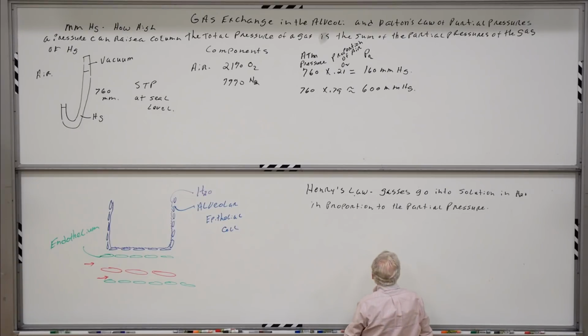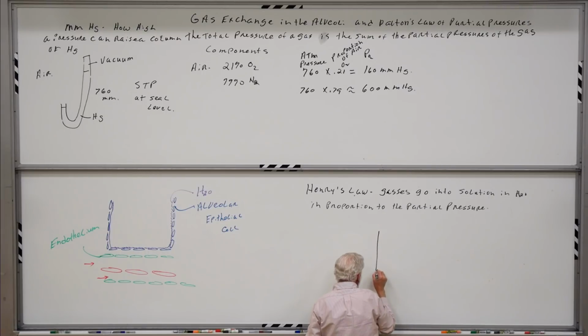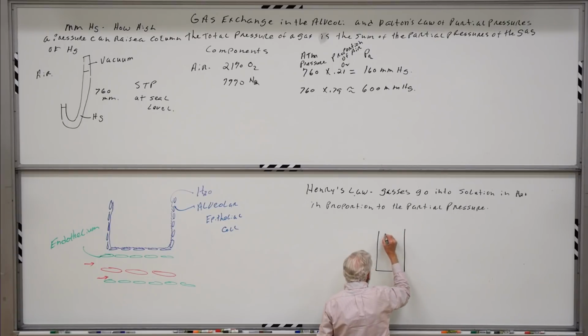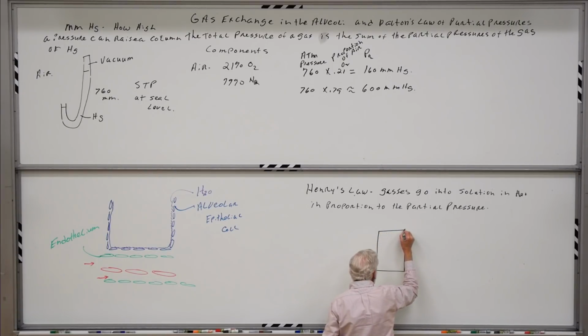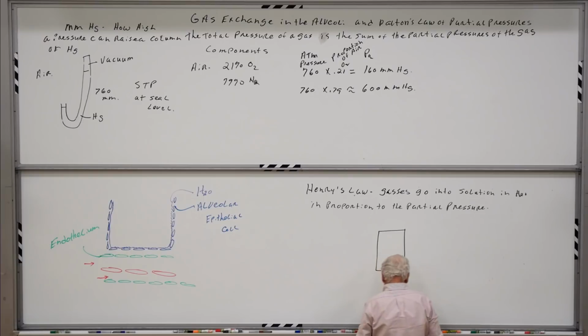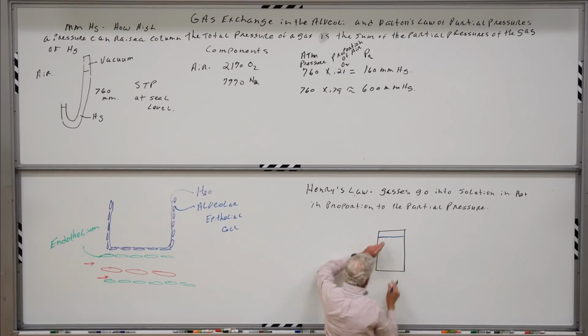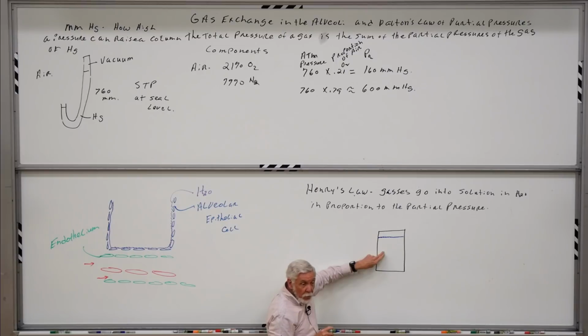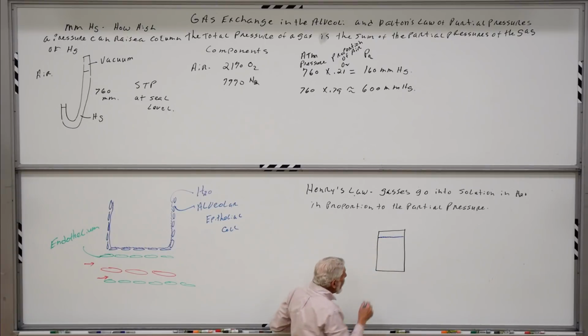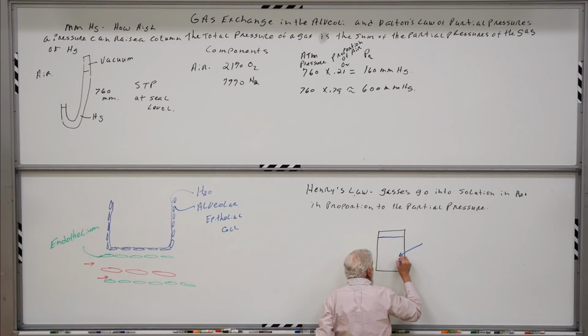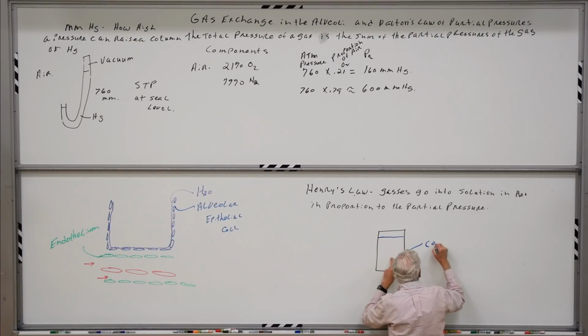Well, let me tell you a real-world story here that may help you hold on to Henry's law. So this is a can of beer. Could be a can of soda. And it has fluid in here. But we all know that if you shake one of these cans, it's not completely full of fluid. There's a little bit of what we call headspace. So there's an open area in here. Now, the gas that's in solution in this fluid is carbon dioxide.